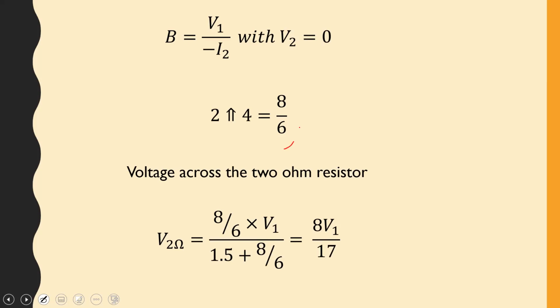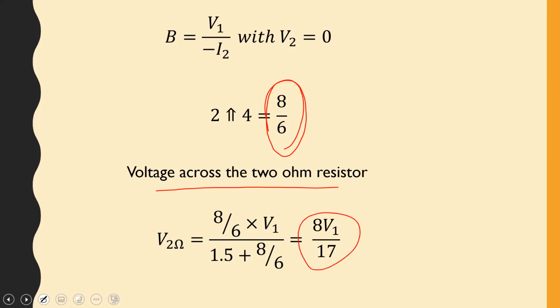So remember, this now would be the combination of the 2 resistances, but we're finding the voltage across the 2 ohm. But we are not doing voltage division between 1.5 and 2. What we're doing is voltage division between 1.5 and the rest of the circuit. That would give me the voltage across the 2 ohm, because the 2 and the 4 are in parallel.